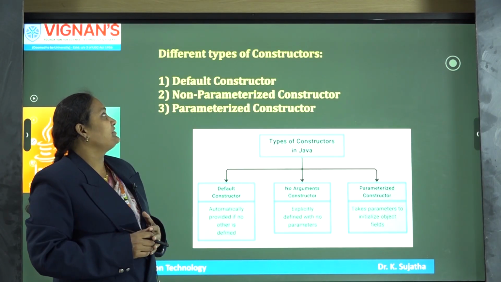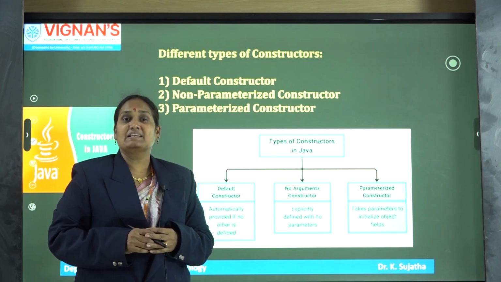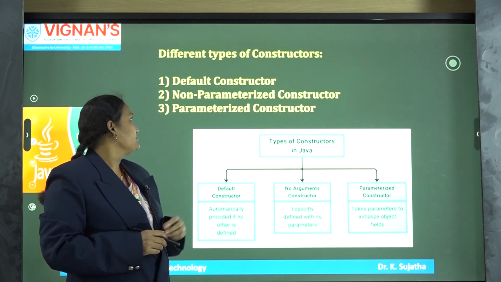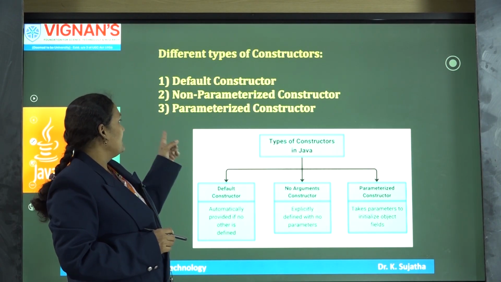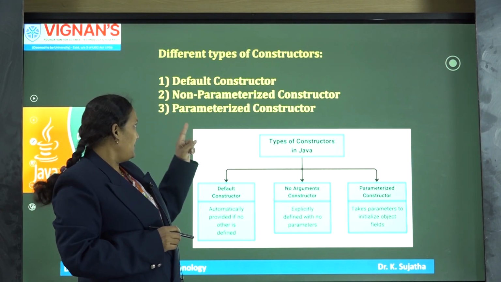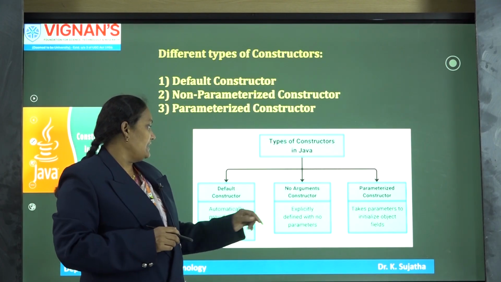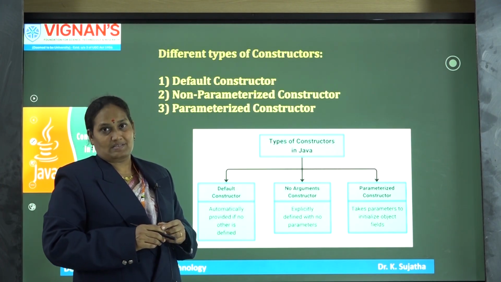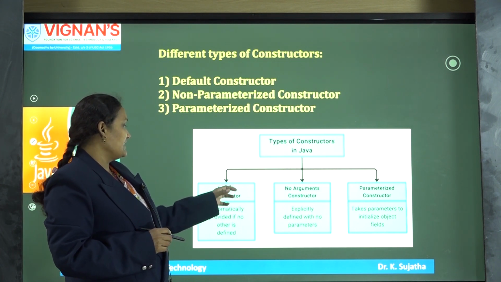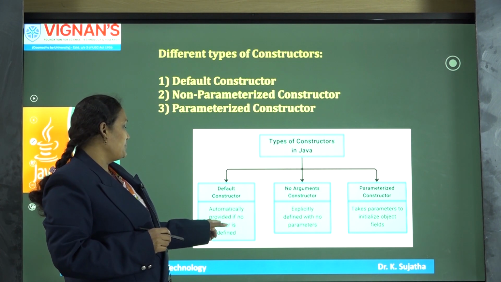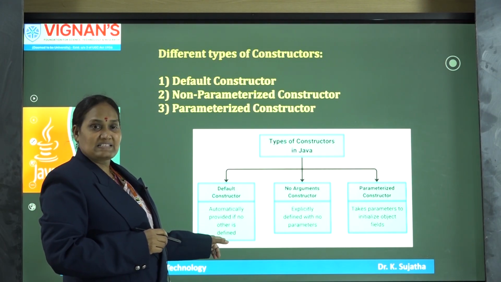Next, coming to the different types of constructors, basically we have three types: default constructors, non-parameterized constructors, and parameterized constructors. Non-parameterized constructors are also called no argument constructors. The default constructor is automatically provided if no other is defined.